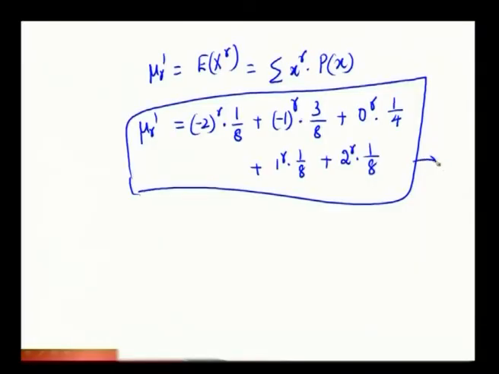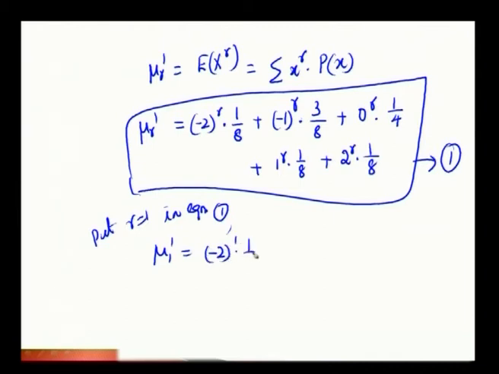From this we have to find out mean and standard deviation as discussed earlier. Okay. I will mark this as equation 1. When you put r is equal to 1 in equation 1, we get mean. So, mu 1 dash is equal to (minus 2) whole power 1 into 1 by 8 plus (minus 1) whole power 1 into 3 by 8.